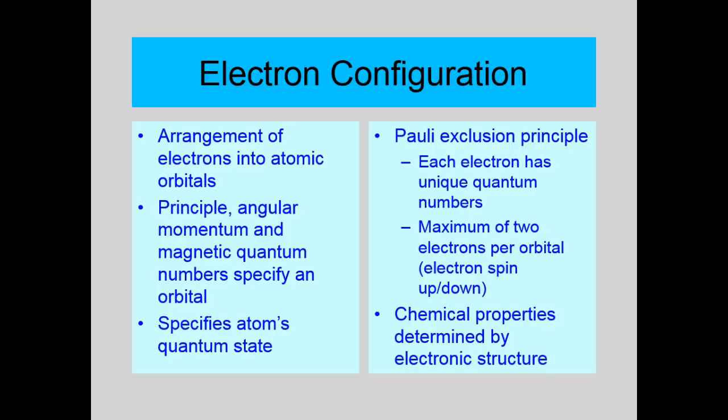Now, the last two you don't see that much, but those are very reactive. They have just one single S1 electron in their outer shell. It's really easy for them to lose that, and they form very strong electronic bonds. So that's what it means. The chemical properties are determined by that electronic structure.